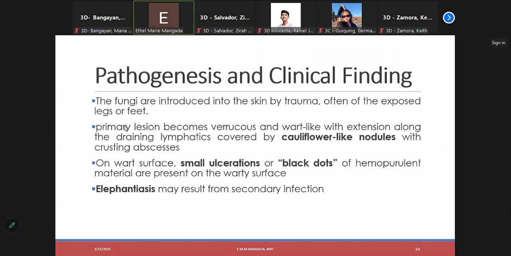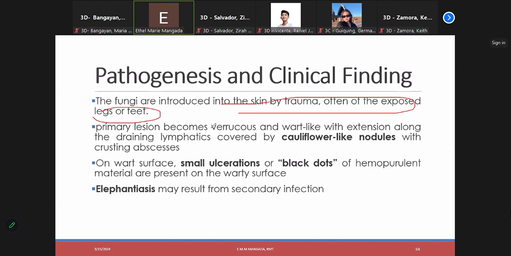So next, we have your pathogenesis and clinical findings. Ano naman yung clinical findings natin in your chromoblastomycosis? Okay. So sabi niya guys, fungi are introduced by skin trauma. Okay? So ang common, again, just like yung nauna kanina, yung at ating mga paa, extremities, yung common po na nagkakaroon ng infection.